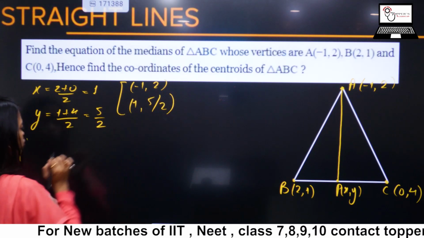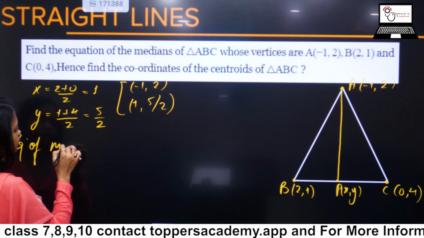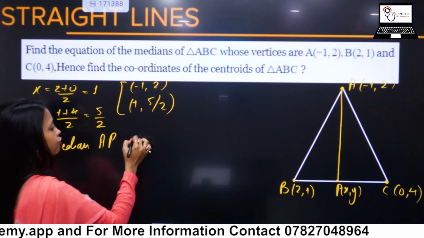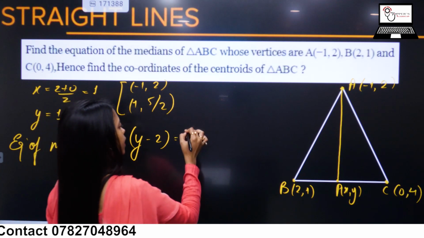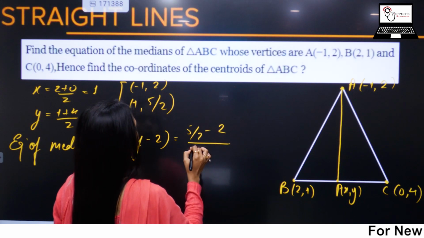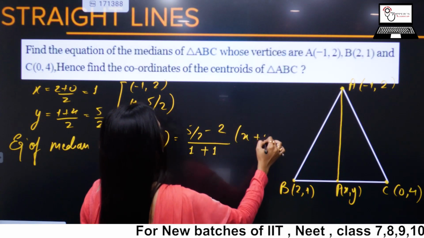Using these 2, you can find the equation of median AP, which is y minus y1 is equal to the slope, where slope is given by (y2 minus y1) upon (x2 minus x1), times x minus x1.